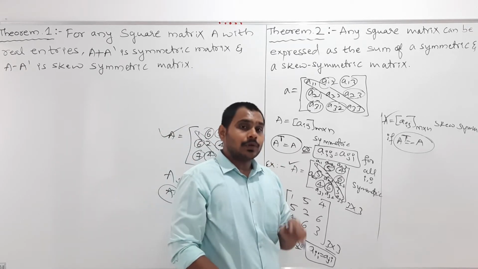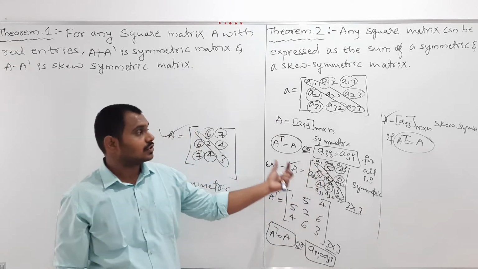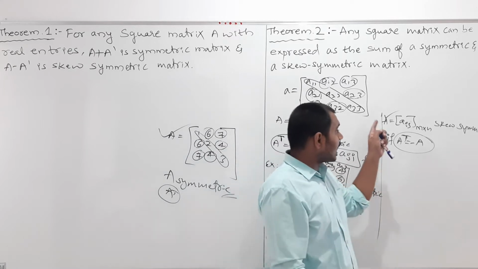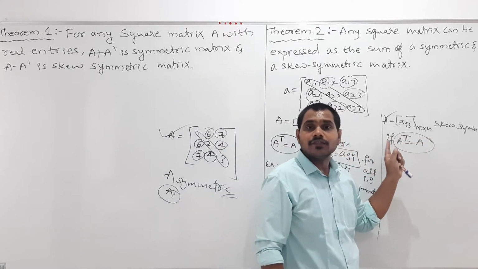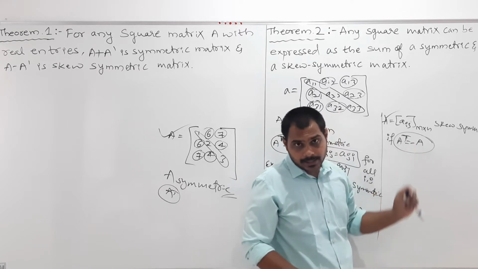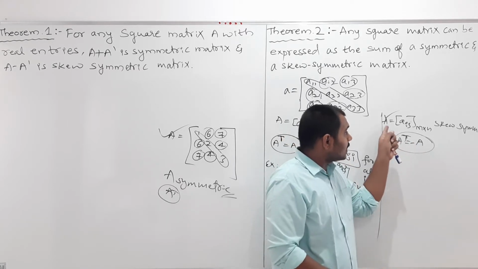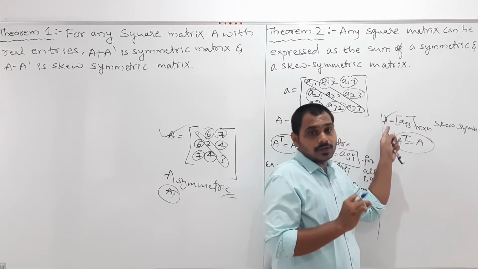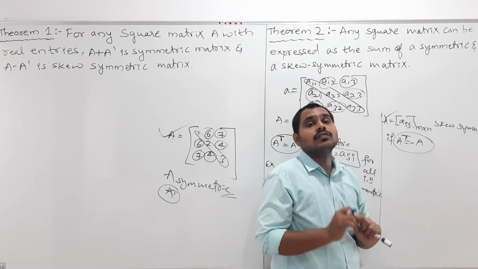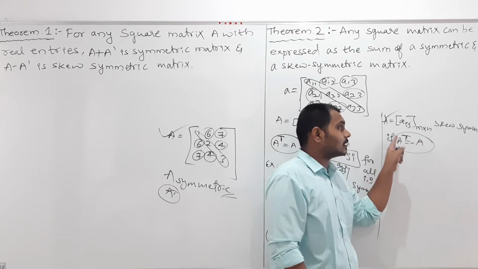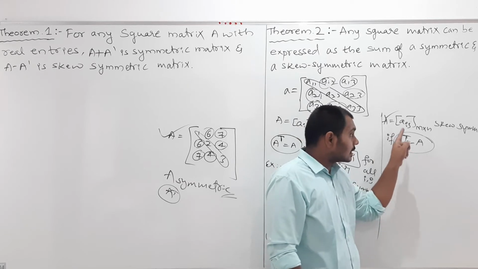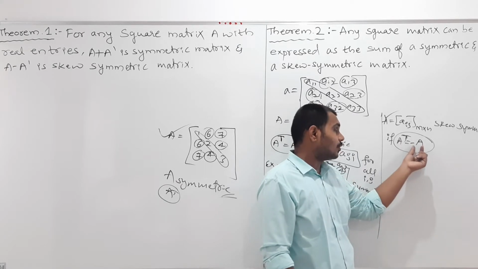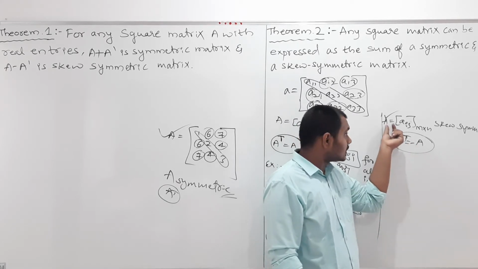To understand that concept, I am explaining another definition of the symmetric and skew symmetric. So my dear students, come to this point. In the previous videos we discussed a matrix A is said to be skew symmetric if A transpose is equal to minus A. That is nothing but, for any given matrix A, if I wanted to tell that A is skew symmetric, first of all I should write the transpose of this, A transpose, and after writing this, that should be equal to the negative of A. Whatever the matrix A you have, minus A, the transpose of this is the A matrix.